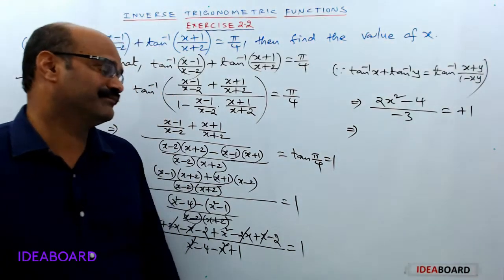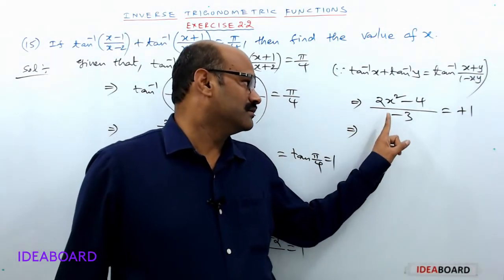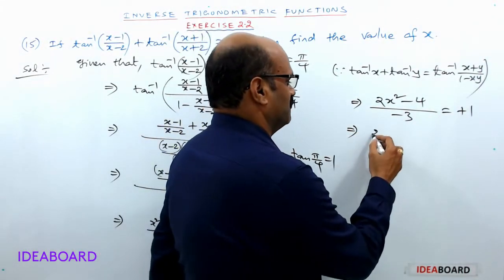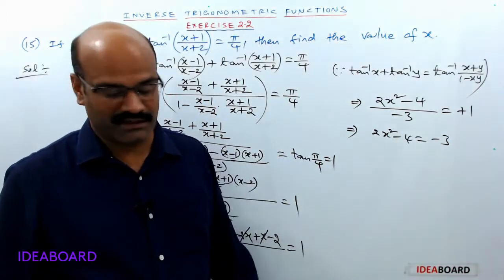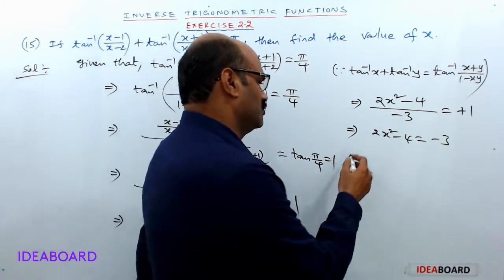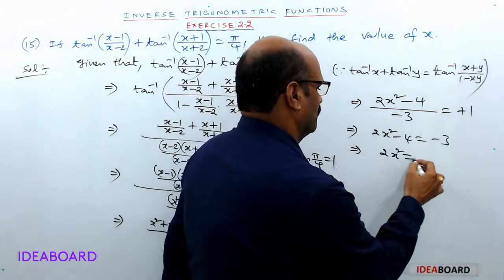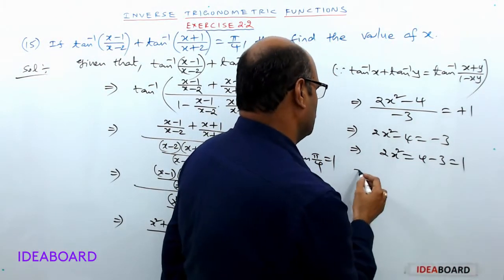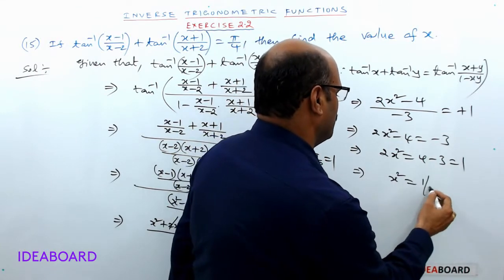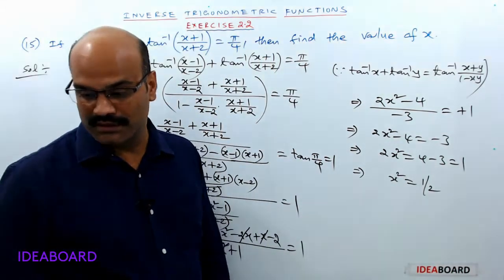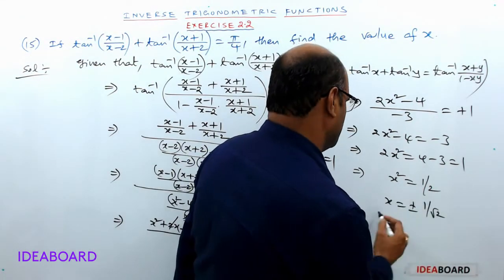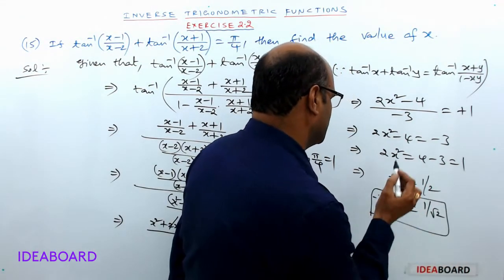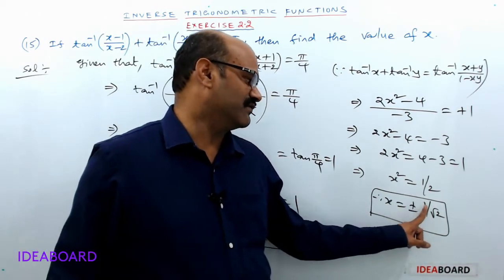It implies 2x square minus 4 equal to minus 3. Now 2x square equal to 4 minus 3 equal to 1, x square equal to 1 by 2. It implies x equal to plus or minus 1 by root 2. Therefore, the value of x equal to plus or minus 1 by root 2.